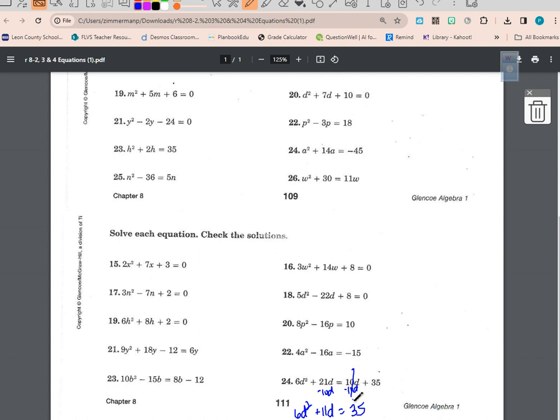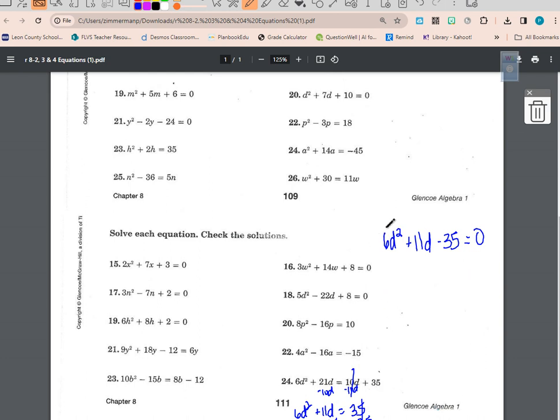You notice I subtracted the 10d from the d term. Now I'm going to subtract 35 from both sides. There's not a constant over here, so I'm just going to write it here. I'm out of room, so I'm going to come back up top here. So I'm going to have 6d squared plus 11d minus 35 equals 0. Good.